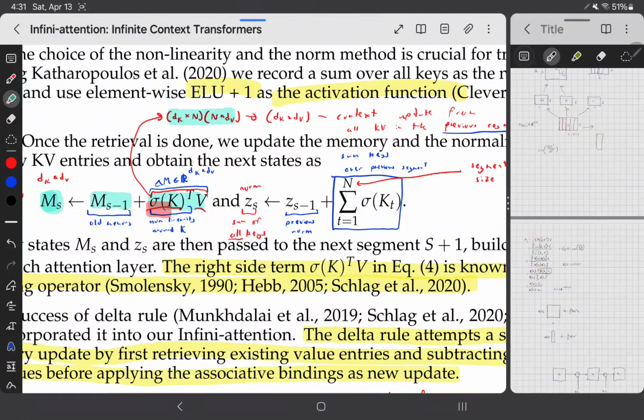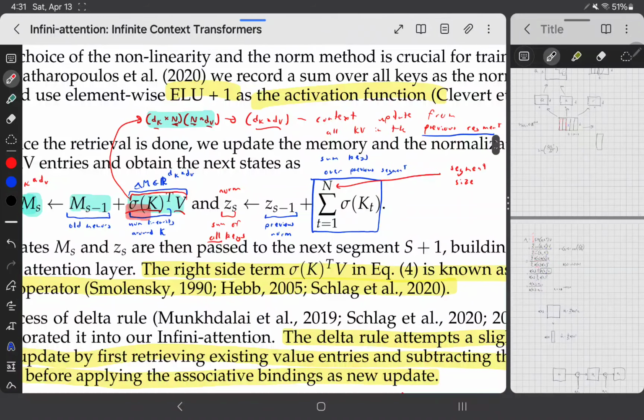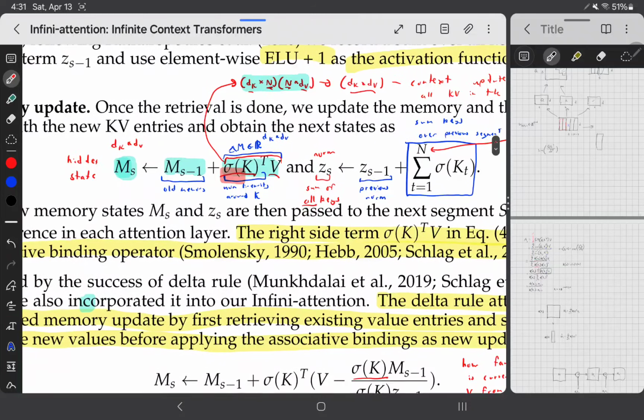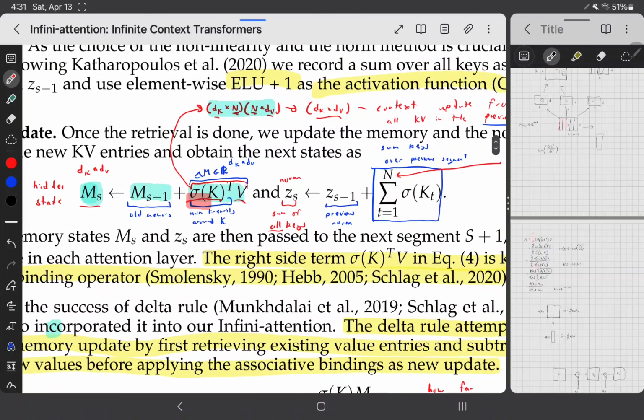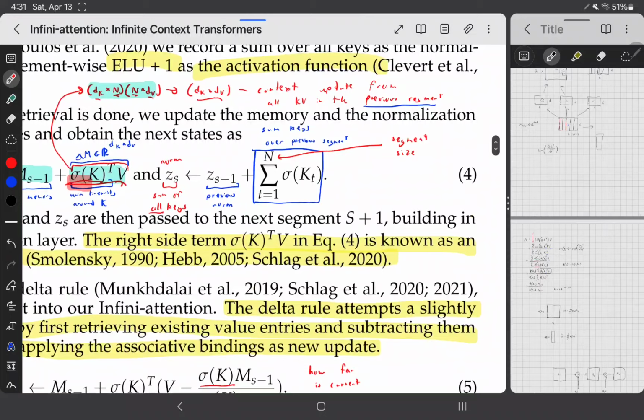The inner dimension is n, the number of tokens in your segment, and this gives you a dk by dv matrix, removing the head and batch dimension, giving you this update for the entire segment. So you just keep updating it with the keys and values of every segment. Every time you reach a segment, update it with all the keys and values in that segment.